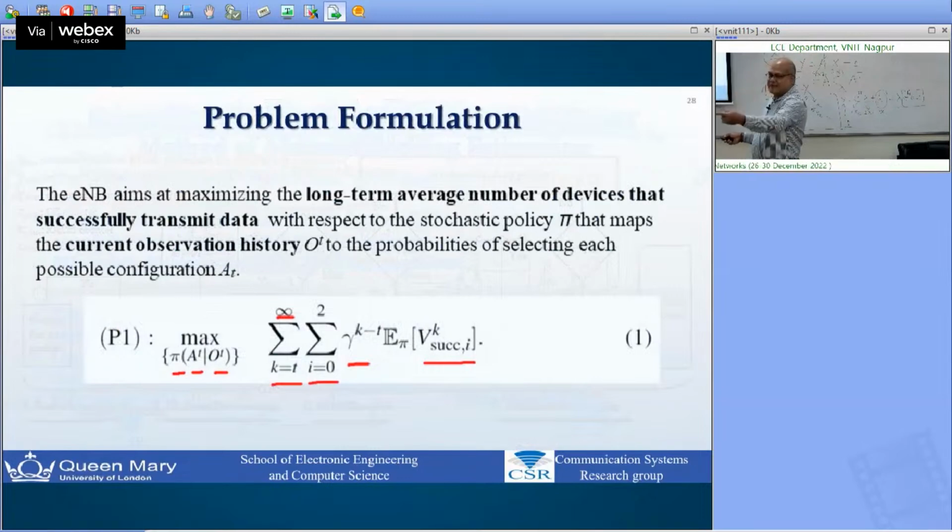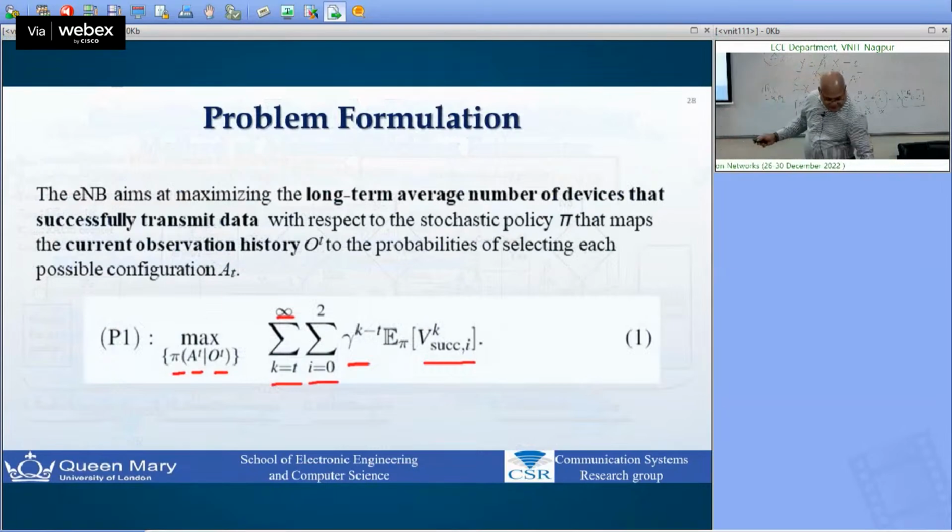What is the probability to take action 2? That is the policy. So based on the observation, we are going to select the action such that the long-term reward is maximized. So the long-term average number of devices successfully transmitting data. So that's what we consider here as the weight for future rewards.